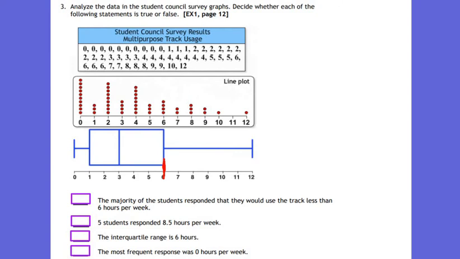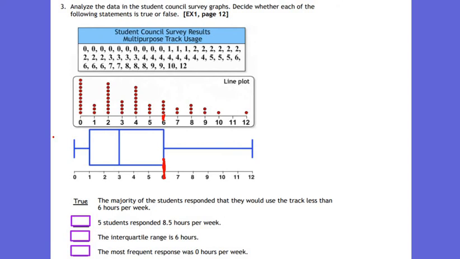I could have found that from my line plot, but I would have had to do a little more calculation than just glancing at it. I would have had to test and make sure there's more points below it. But glancing, I can see 75% of the data is below 6. So the majority of students responded less than 6 hours per week. Is that true or false? True, because 75% was the majority.